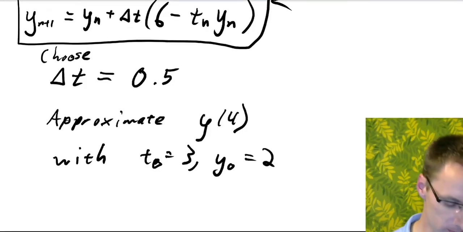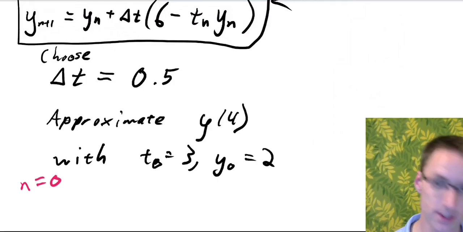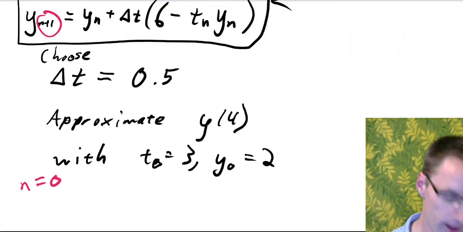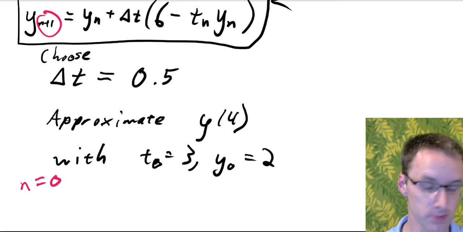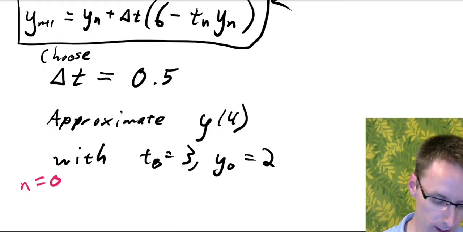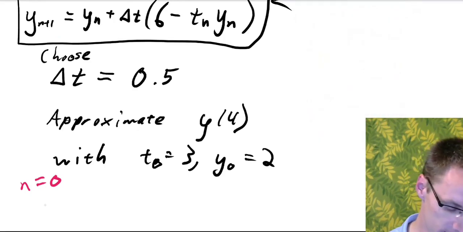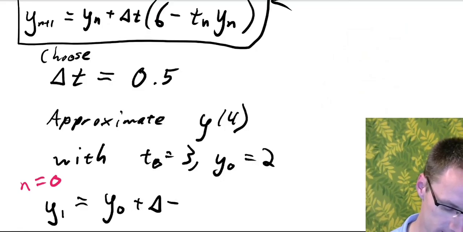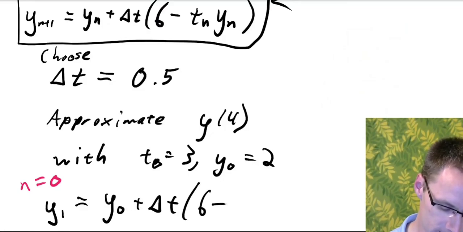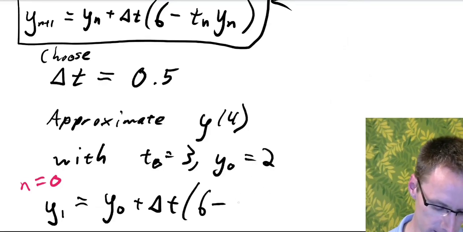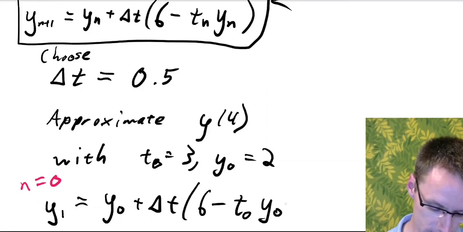So for Euler's method, we'll set n equal to 0 to get started. That means here, n plus 1 will just be 1, and here we'll get a y sub 0. So this would be y1 equals y0 plus delta t times f at t0, y0.